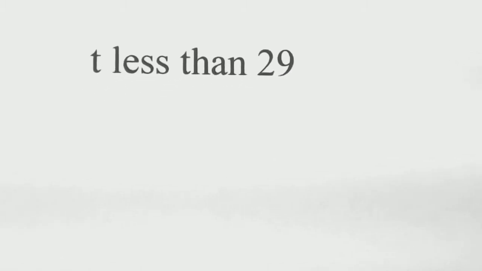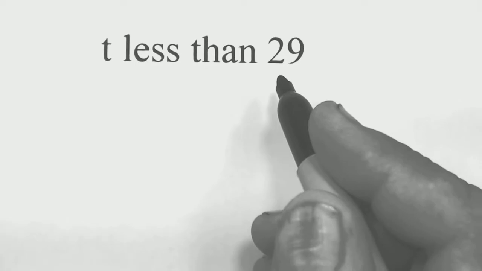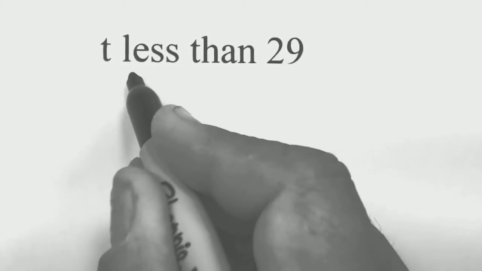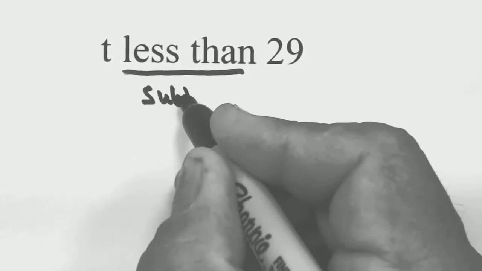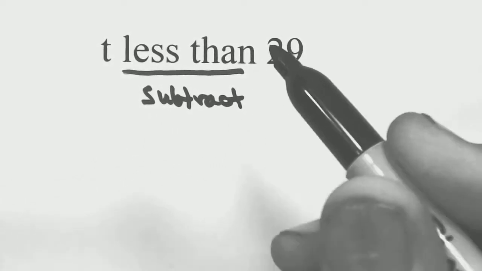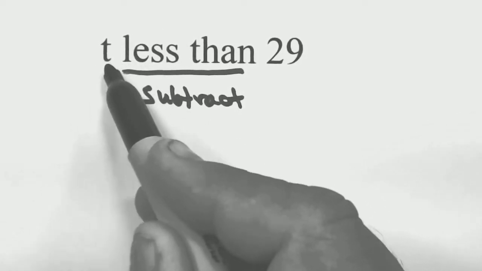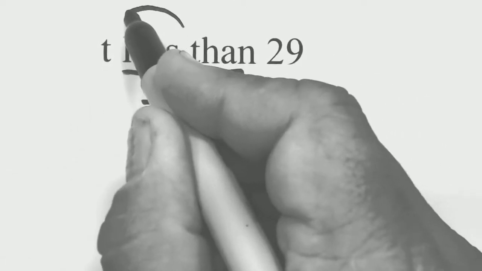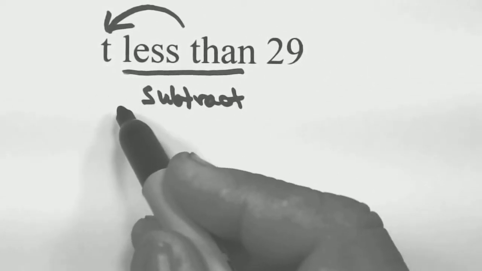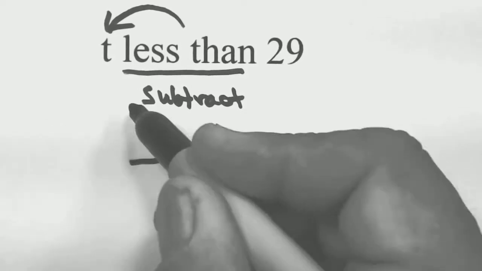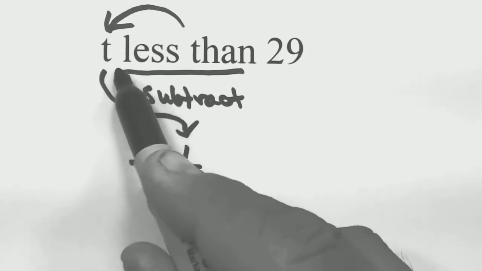Okay, another way that we can indicate subtraction, right here, t less than 29. Less than means we're subtracting. We have to make something smaller. Okay, well, what are we subtracting? The t is what we want to be less than 29, so we're subtracting the t here. And that means that the t then has to go behind the minus sign. And what are we subtracting it from?